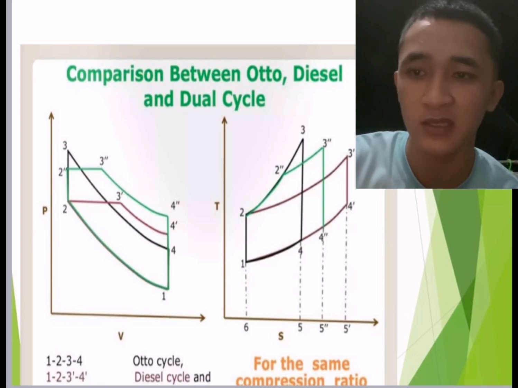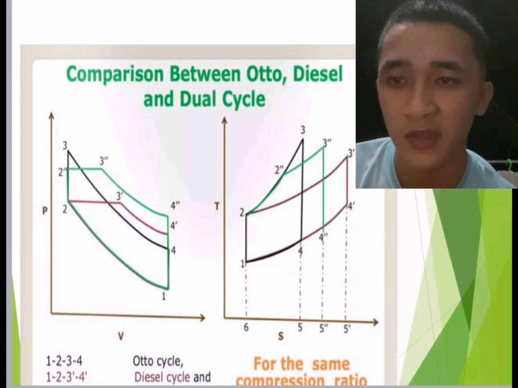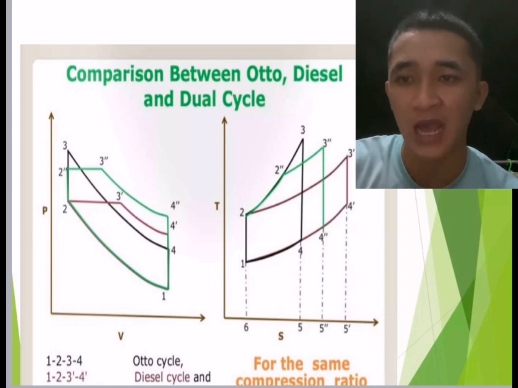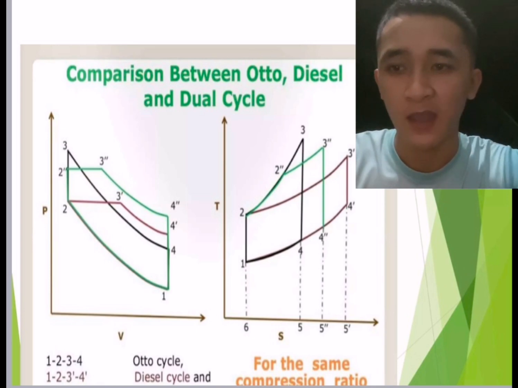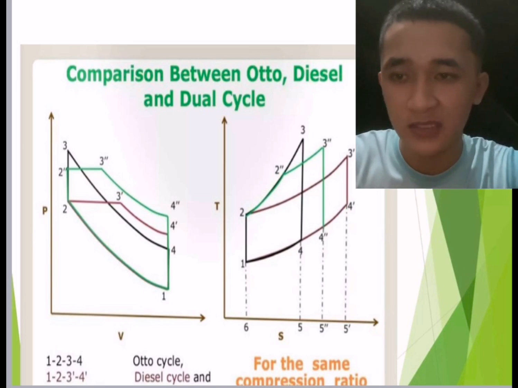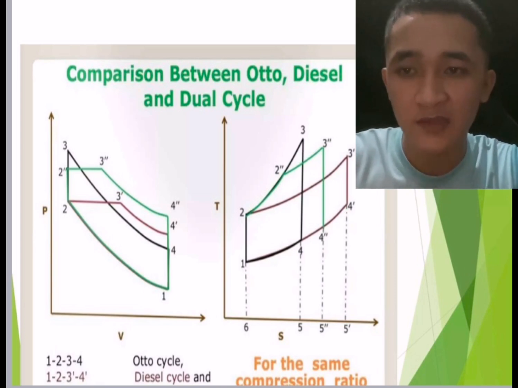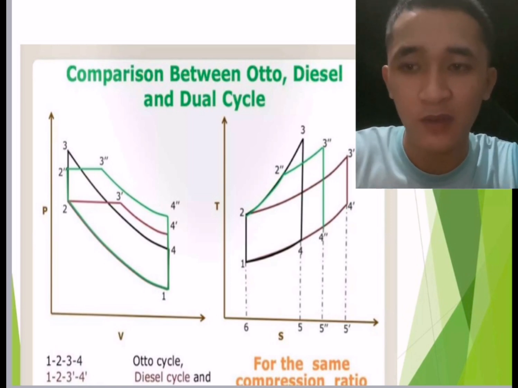The diesel cycle is less efficient at the same compression ratio, but typically operates at a high compression ratio, which improves the efficiency. And lastly, the dual cycle has efficiency between Otto and diesel. It balances performance and practicality for real-world engines.